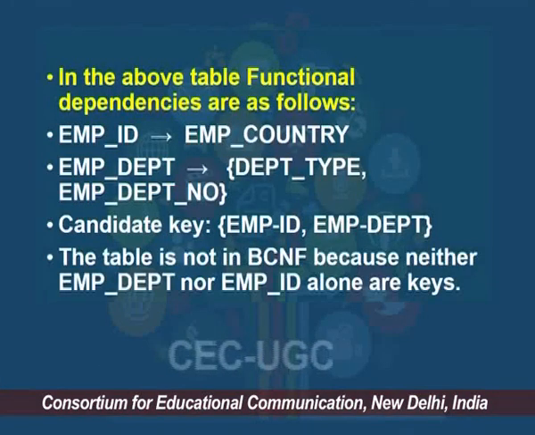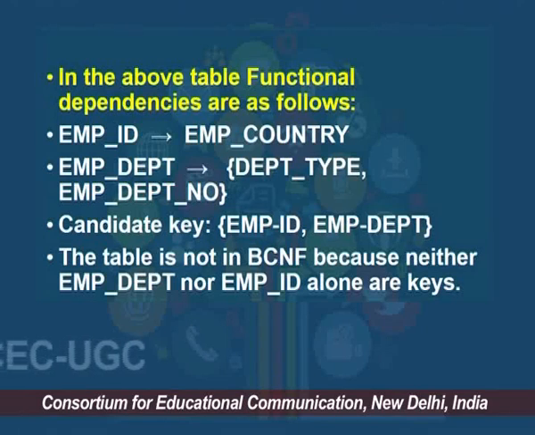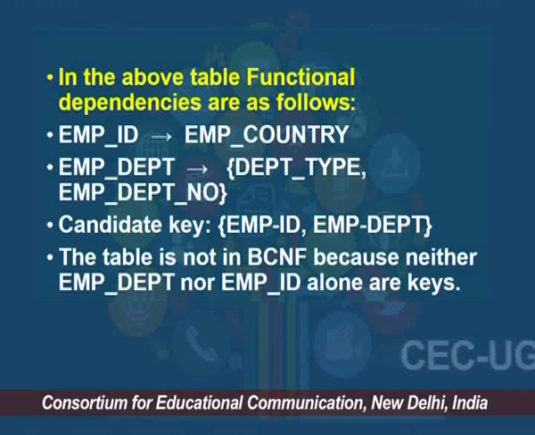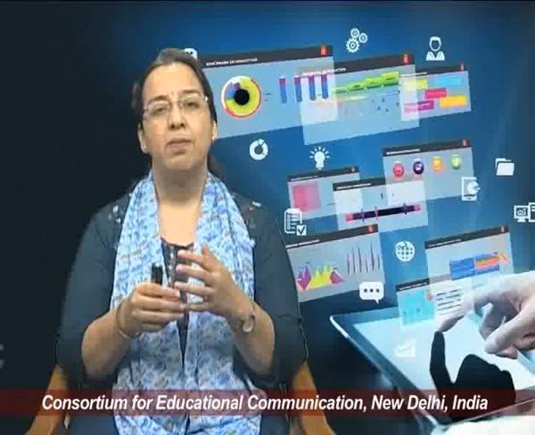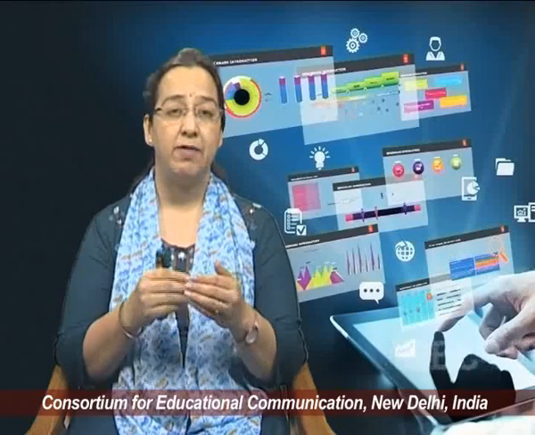Now the table is not actually in Boyce-Codd normal form, because employee ID and employee department are the candidate key in combination, but taken alone they are not keys. Yet my functional dependencies say employee country is dependent on employee ID, and department type and department number are dependent on employee department.